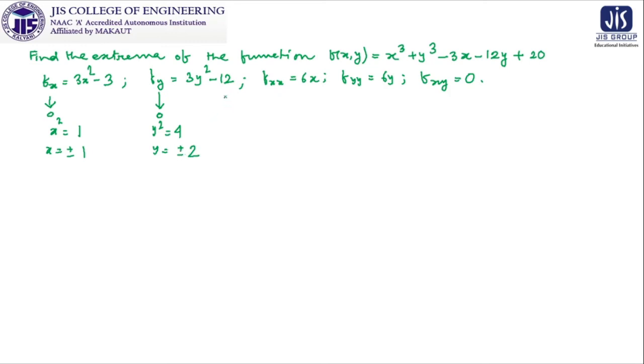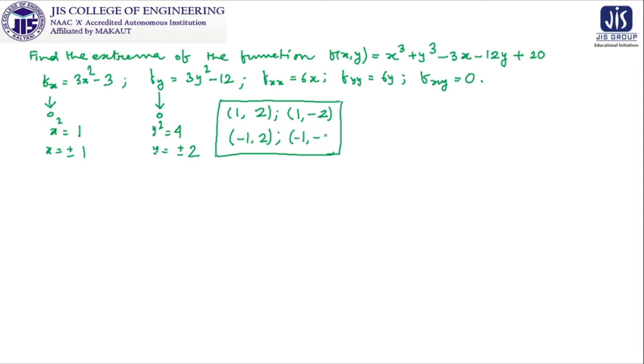So the critical points we are getting are very interesting: (1, 2), (1, -2), (-1, 2), and (-1, -2). These 4 points we have achieved.